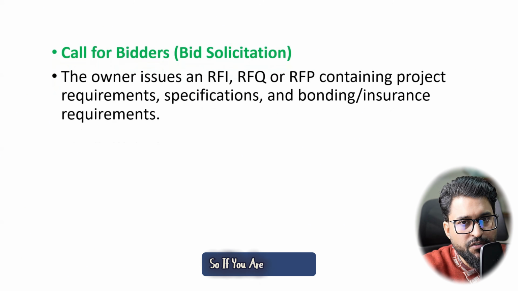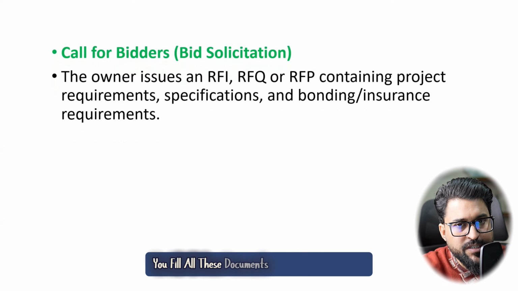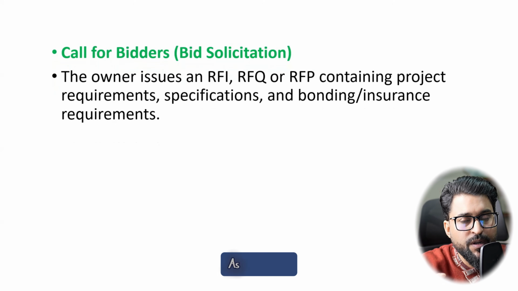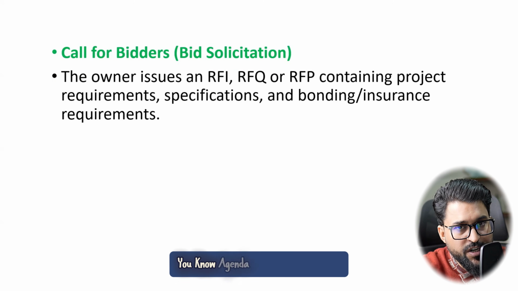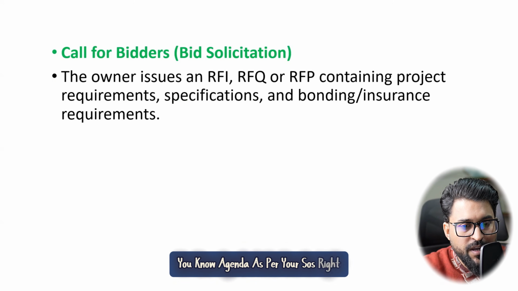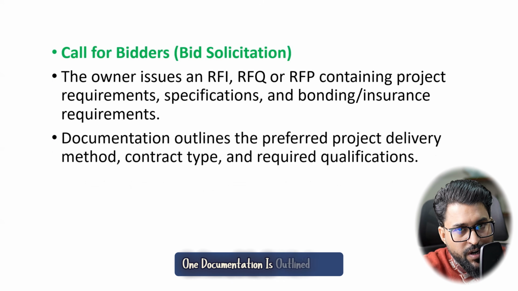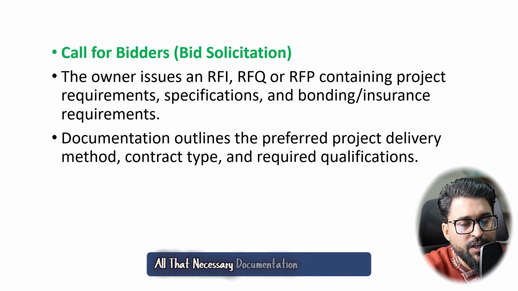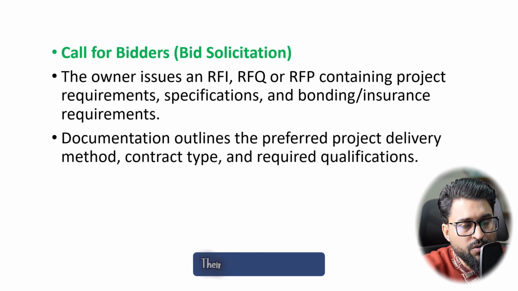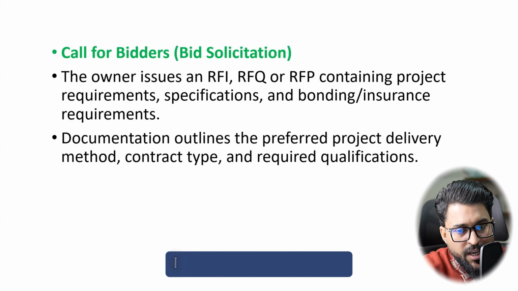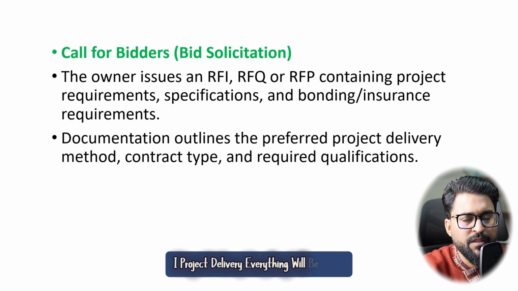If you are interested, you fill in all these documents as per your compliance, your agenda, and your SOPs, right? And then these people are going to follow that. Documentation is outlined there, and all necessary documentation will be provided. Their qualification, contract type, project delivery, everything will be there, right?